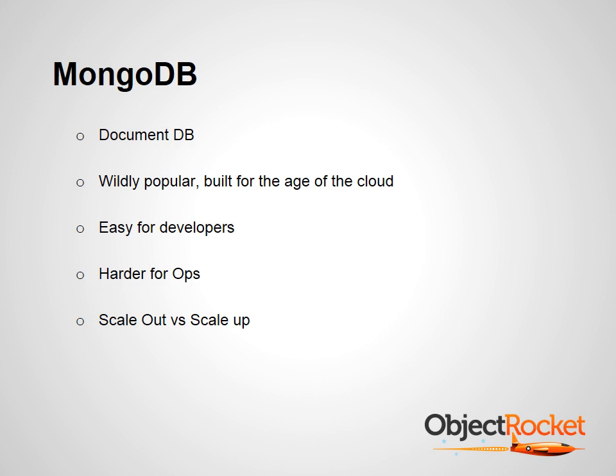Let's see, a couple more things about MongoDB. The types of applications and customers are changing in recent times. I just want to talk about what kind of applications are suited for MongoDB and document databases. So as ObjectRocket, we have a bunch of customers and a wide variance of the type of customers.